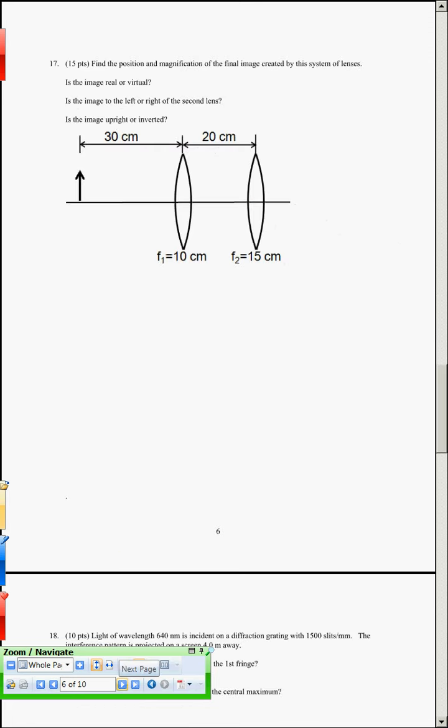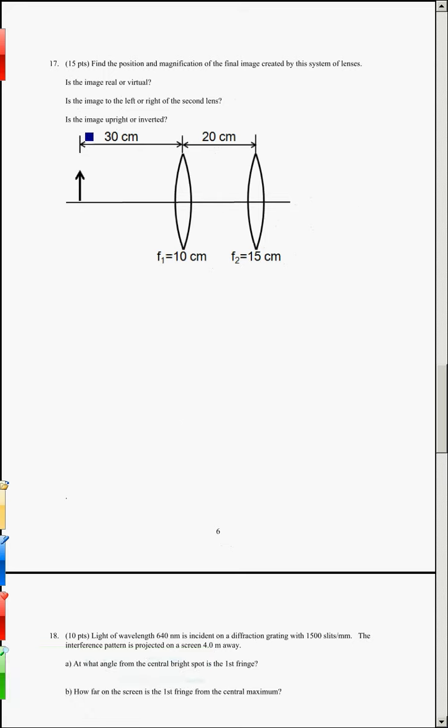Alright, find the position and magnification of the final image created by the system of lenses, and then there are a series of questions about that image. First I just want to find Q1. I know that this is P1 and I have F1, so I solve for Q1. It's equal to 1 over F1 minus 1 over P1, all to the negative 1. This is from the lens equation. It's pretty simple fractions.